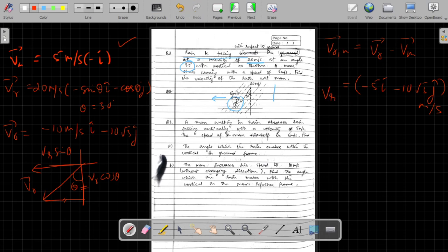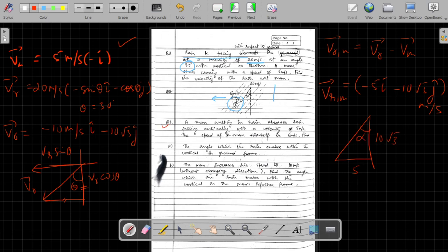So this would be the velocity of rain with respect to the man. We can also take the magnitude of this value, with components 5 i cap and 10 root 3 j cap, and we can also find the angle using tan alpha.